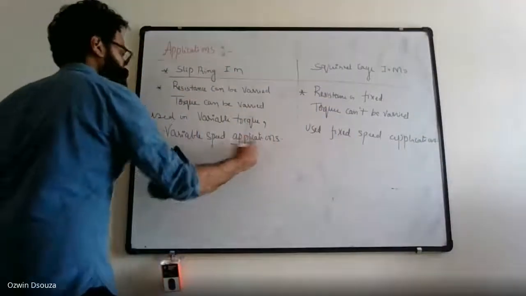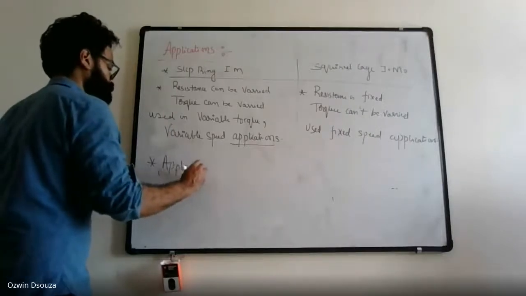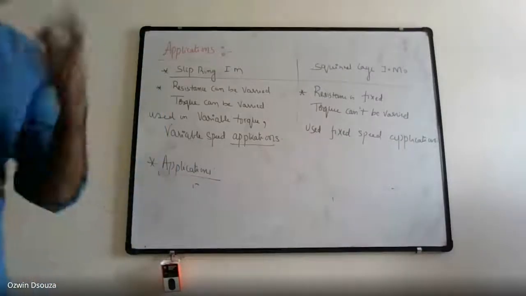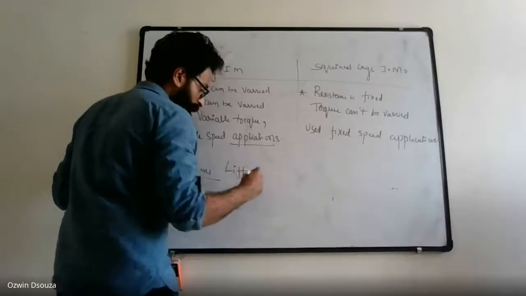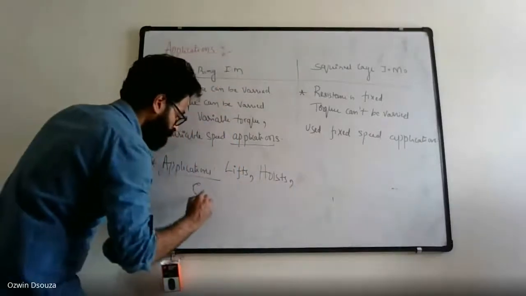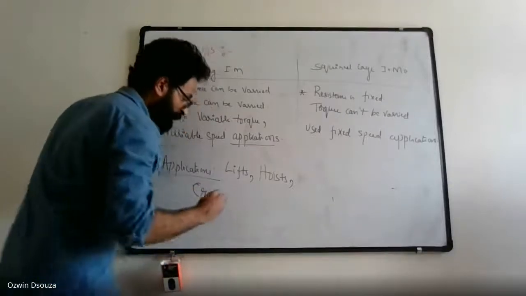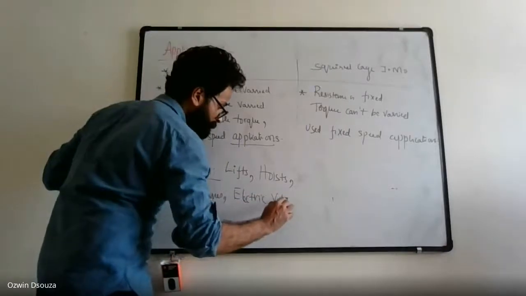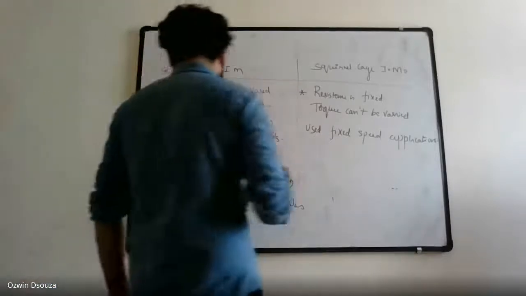Now when we say applications, what are those applications? Can you tell me the variable speed or variable torque applications? Lifts, hoists, cranes, electric vehicles, etc.